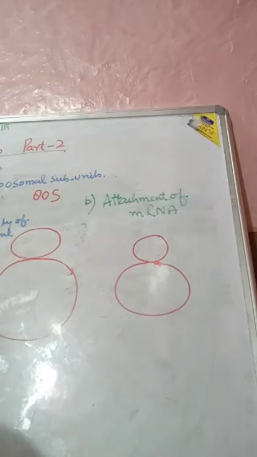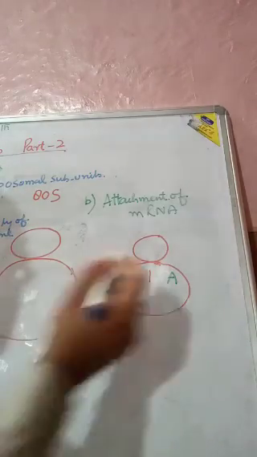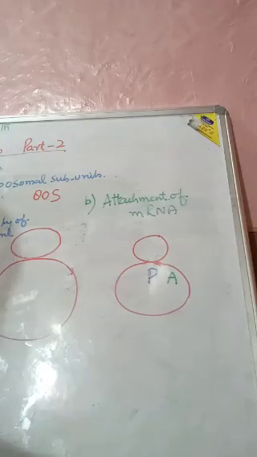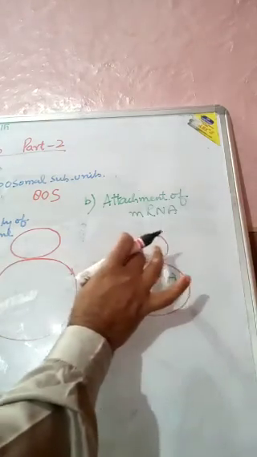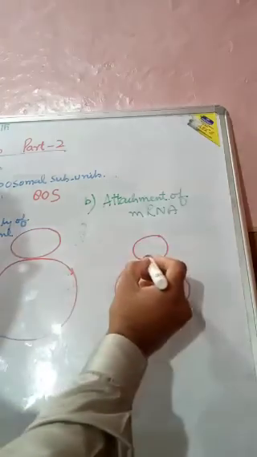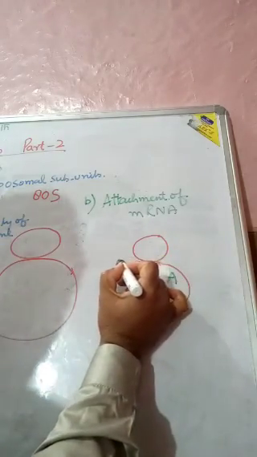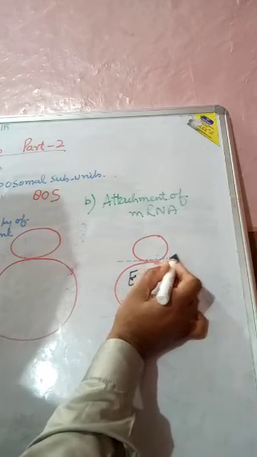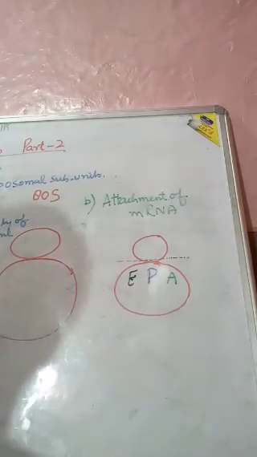Here we have the three sites: A, the aminoacyl site, then P, the peptide bond formation site, and then the exit site in the larger subunit. And here, this amino acid gets attached like this, at this place, at the mRNA binding site.